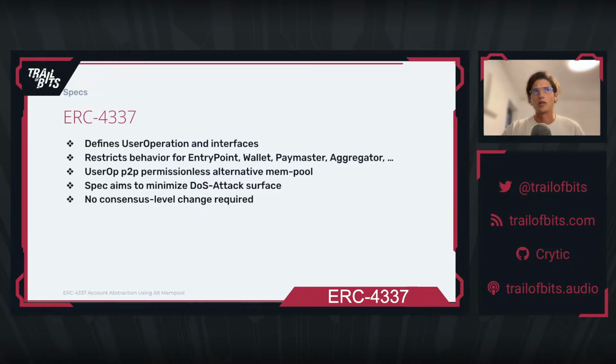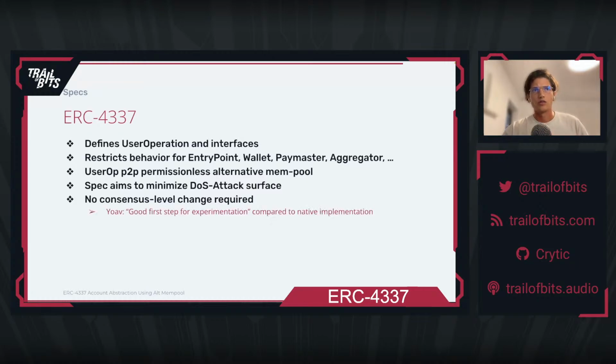And the good thing about this ERC is that there is no consensus level change required. So this is something that we can implement today, and we don't have to wait for some kind of hard fork, which would really require so many more considerations. We can start using this today, iterate on top of it, see what kind of challenges come up, and adapt the ERC.